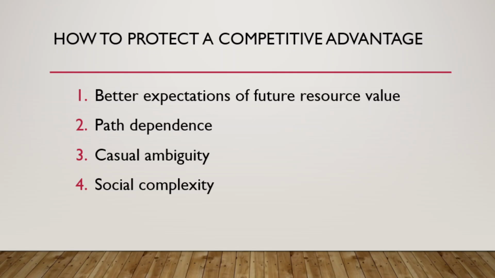Di ba sabi nga natin, if we have competitive advantage, we can produce products at a lower cost compared to yung competitors natin. Yung path dependence naman, how can we protect competitive advantage through path dependence? So, path dependence describes a process in which the options one faces in a current situation are limited by decisions made in the past.